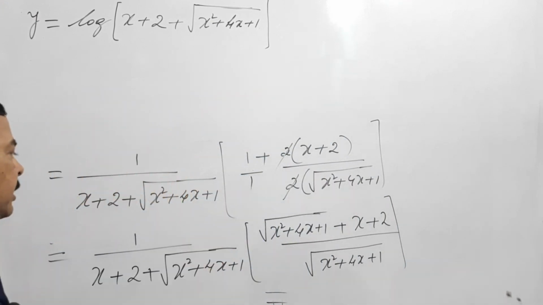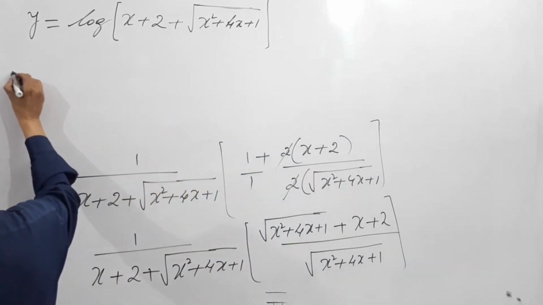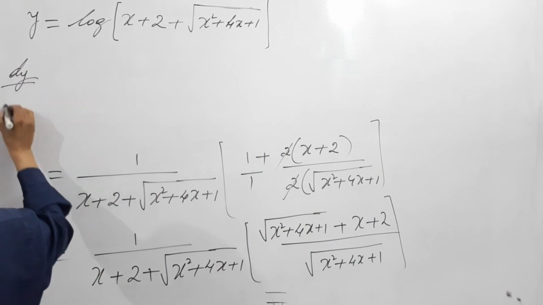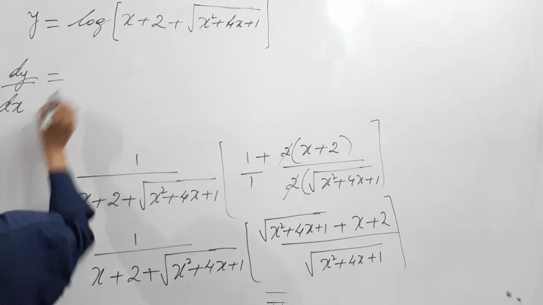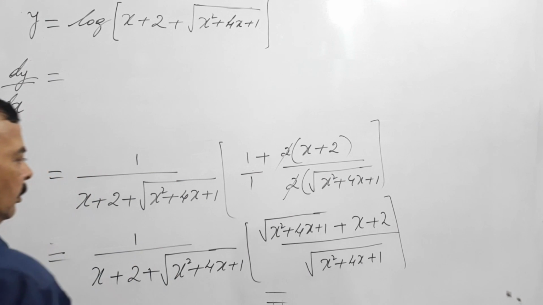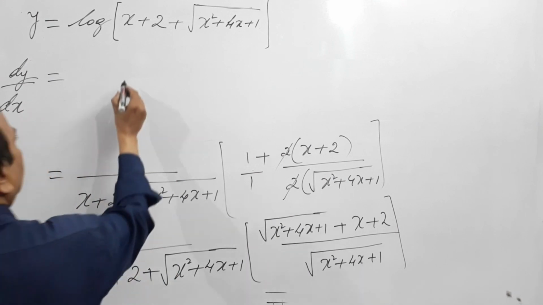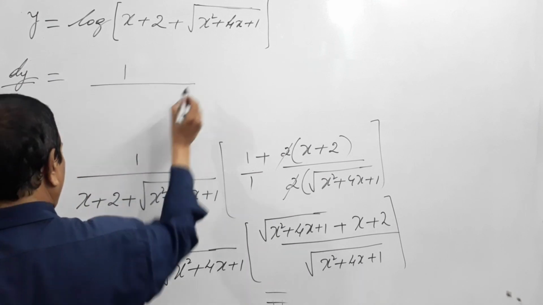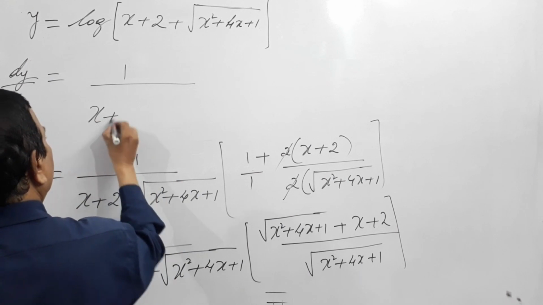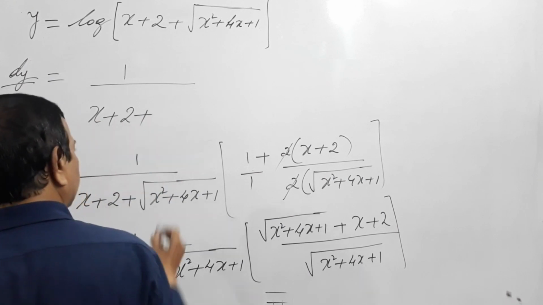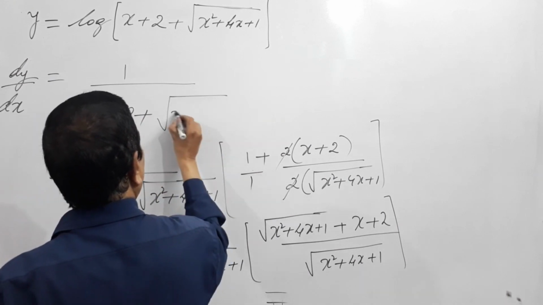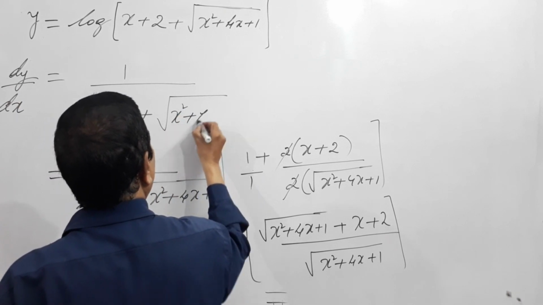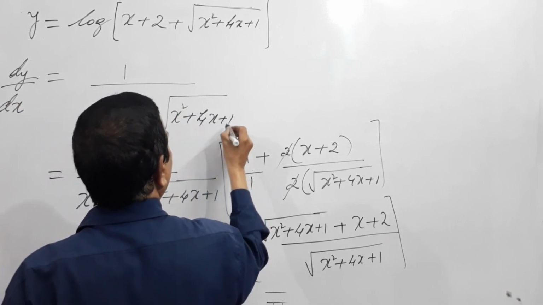So I'll rearrange this. That is our left hand side. dy by dx equals 1 by x plus 2 plus under the root x square plus 4x plus 1.